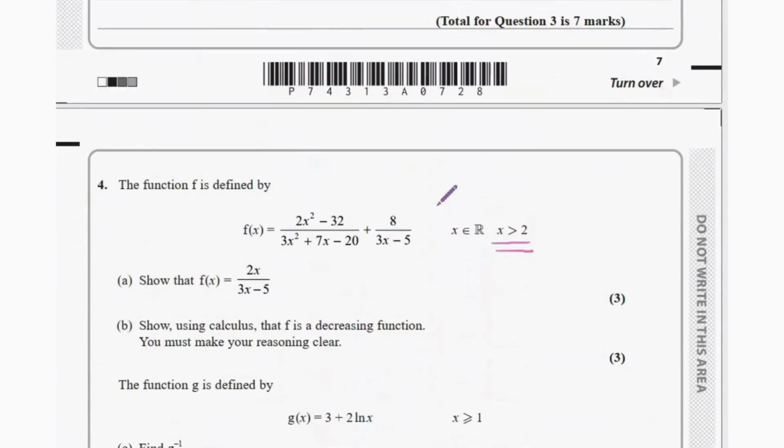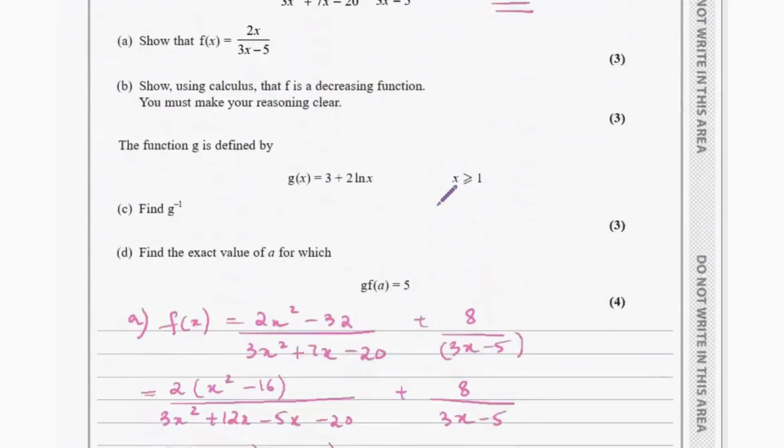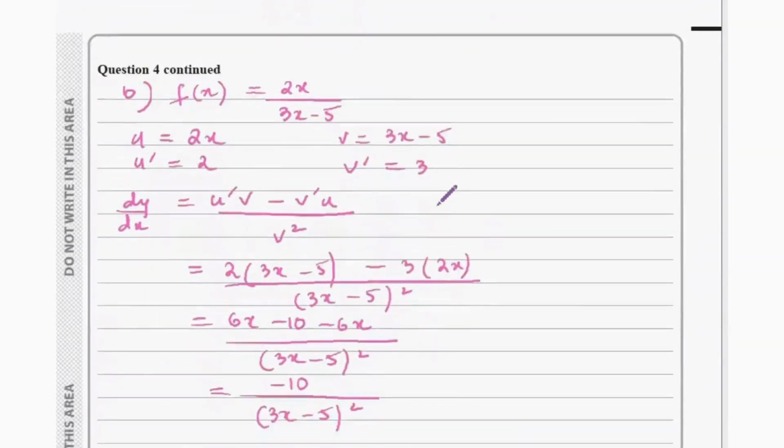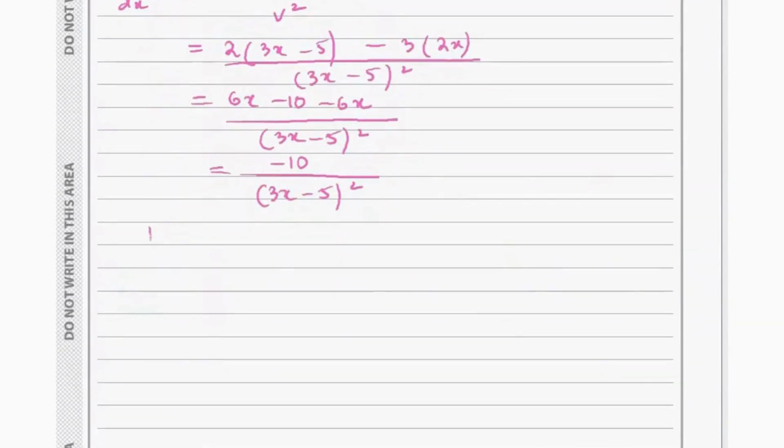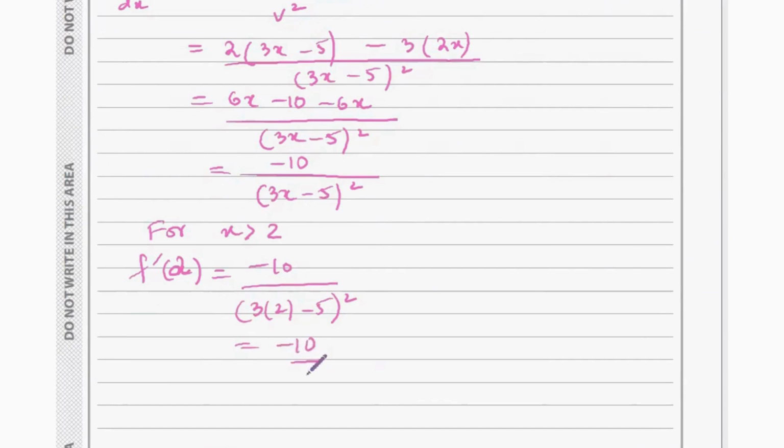In the question, if you notice, it said that x is greater than 2. So for x greater than 2, f derivative of x is going to be, at 2, sorry, negative 10 over 3 times 2 minus 5 squared, which is negative 10 over 1, and that's negative 10.